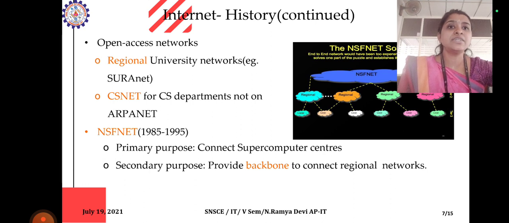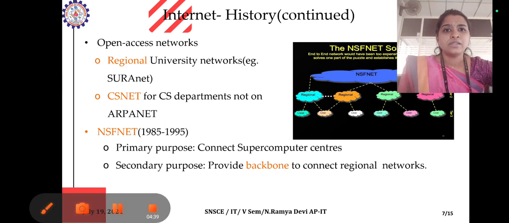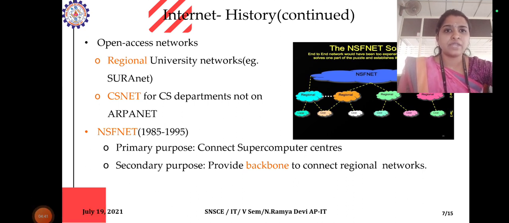Then the history of the internet continued, and it went to open access networks, regional university networks, for example SURAnet, CSNET for CS departments not on ARPANET, and NSFNET, which ran from 1985 to 1995.